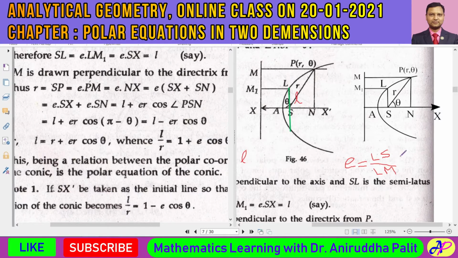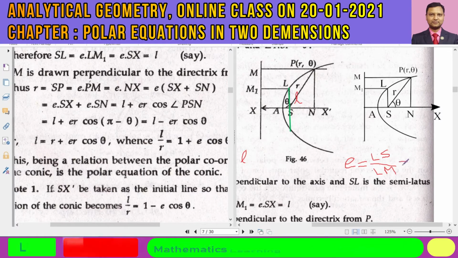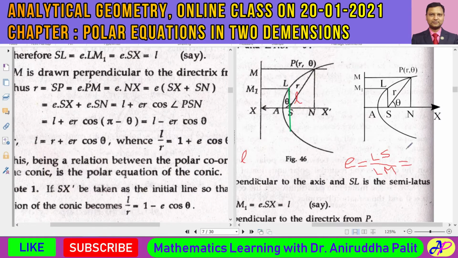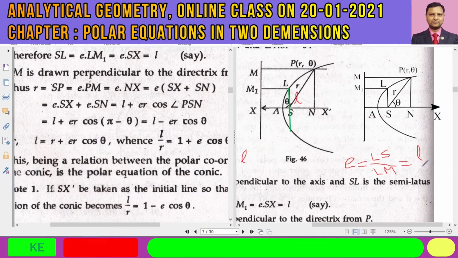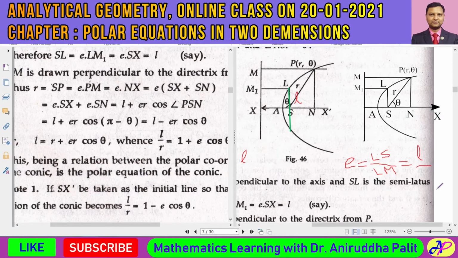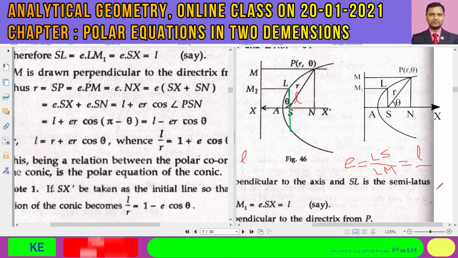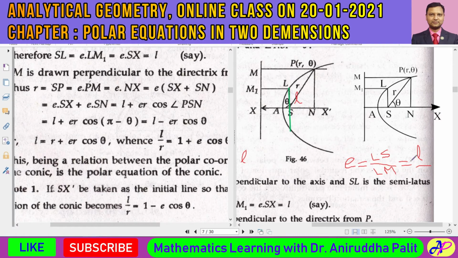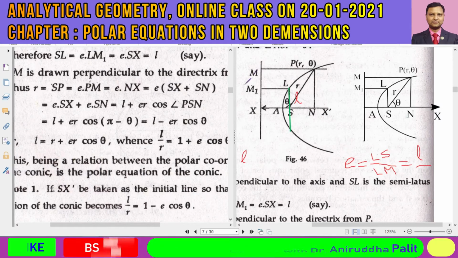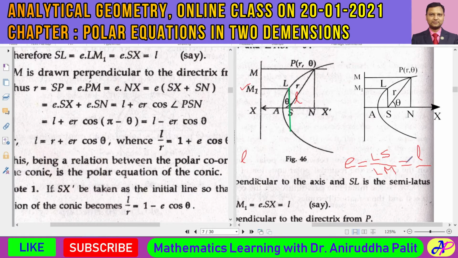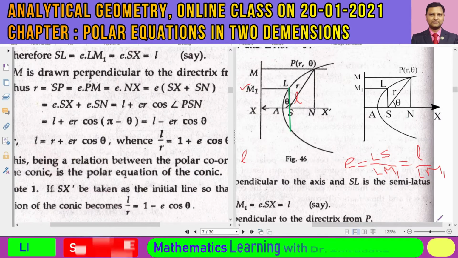Okay. Now you see over here, what can we write? This LS is actually the semi-latus rectum L divided by LM. Not M. Rather, in place of M, we have to write M1. Clear? So it should be L M1. Got it? Small l divided by small l M1.